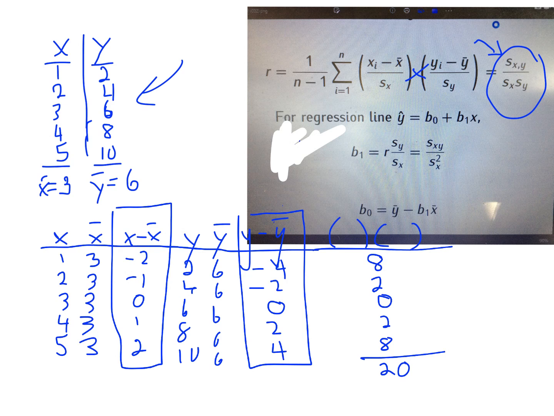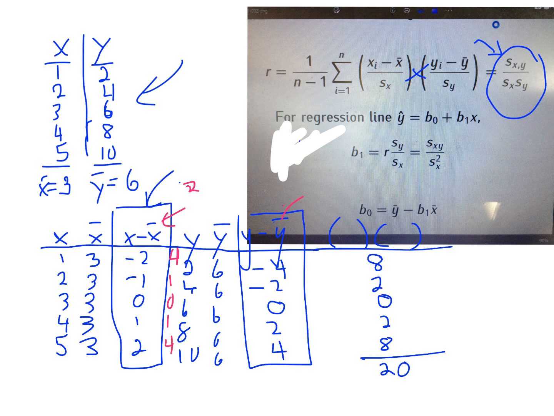My standard deviation for X is just going to be the sum of these, and so that's going to be 0, right? Oh, no, I need to square them all first to get my standard deviation. I'm going to change colors and squeeze that in right beside. So if I square this, I'm going to get 4, 1, 0, 1, 4.